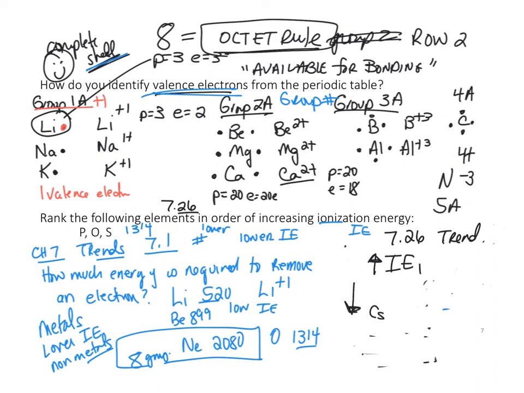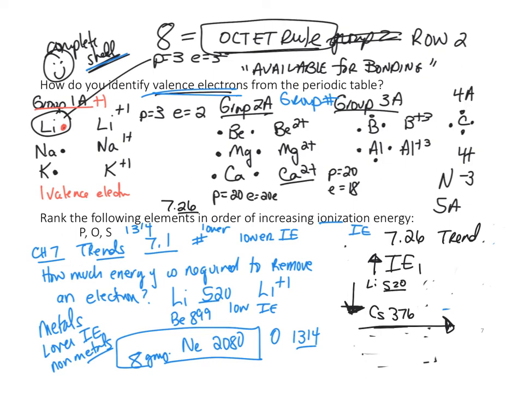You see cesium has a 376 ionization energy, where lithium has a 520. But what about going over? So let's look at lithium. Lithium is 520.